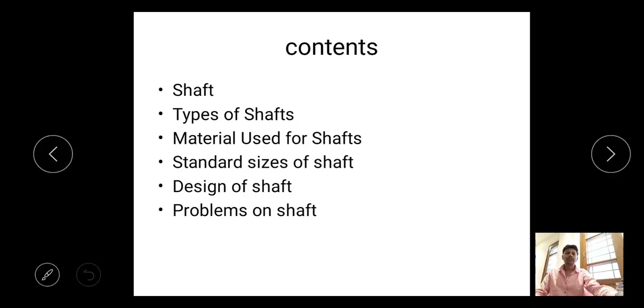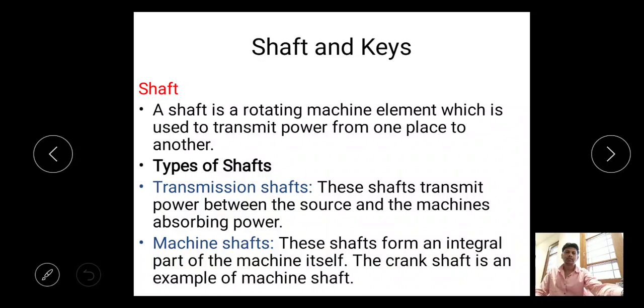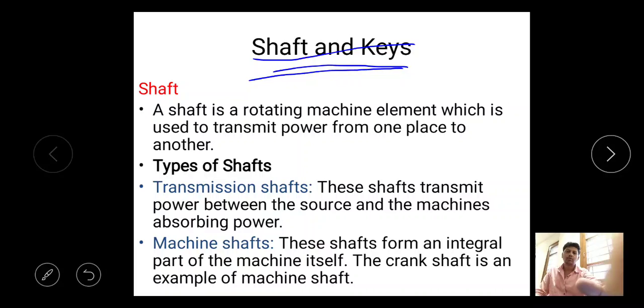So in the next chapter, you have shaft and keys. This chapter consists of two parts. One is shaft, then we study keys.